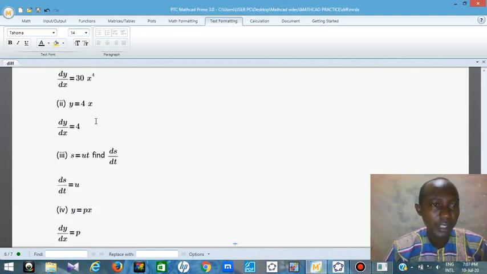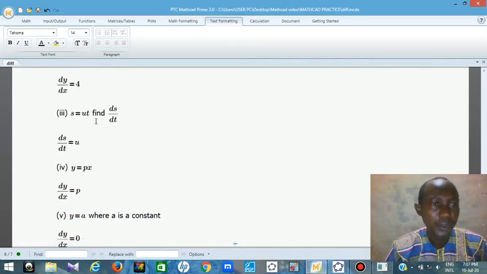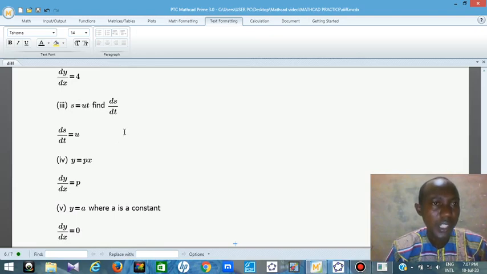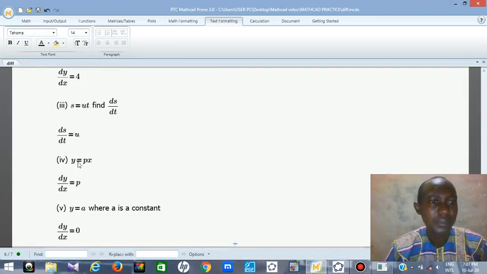Then 4x will give you 4. Then u t. It's not always dy/dx that you work with. It can be s, it can be u, it can be t. Just know what you are differentiating with respect to. If you are differentiating s with respect to t, ds/dt will now be u, because u is the constant. Take note of that.